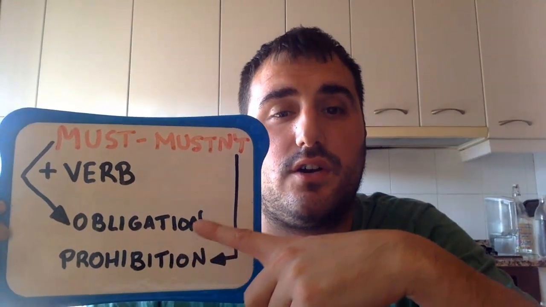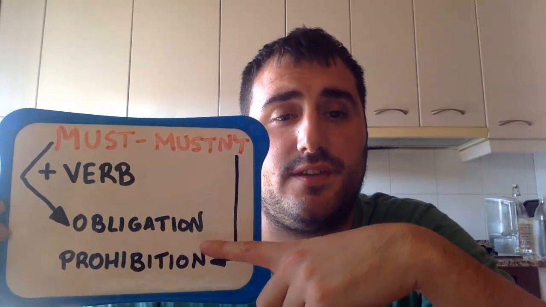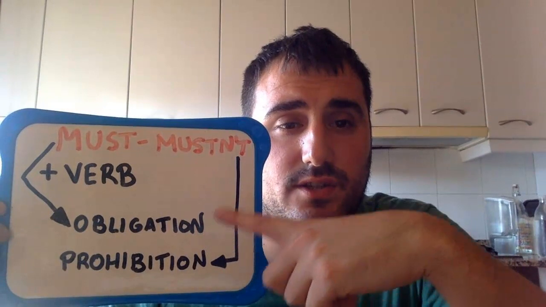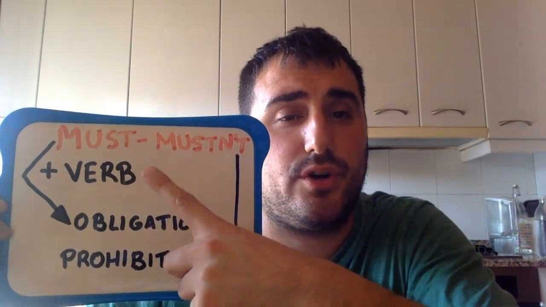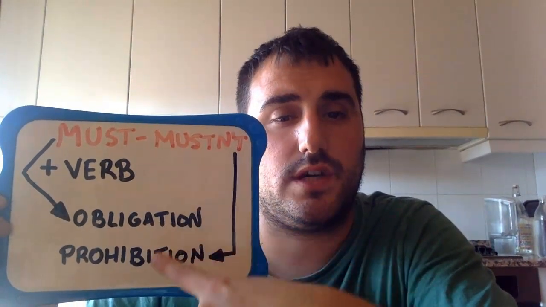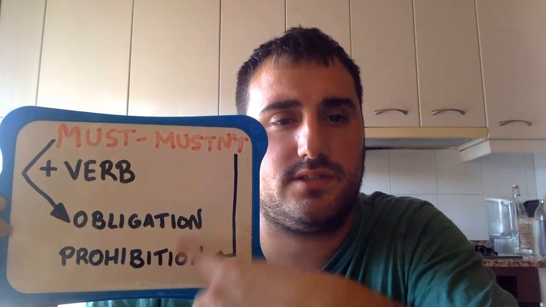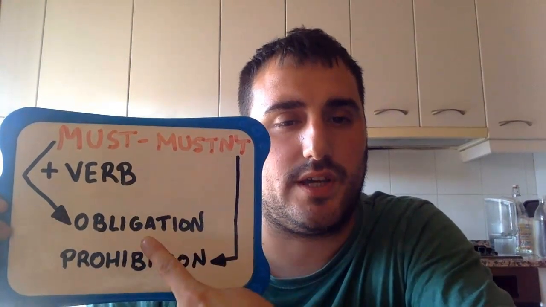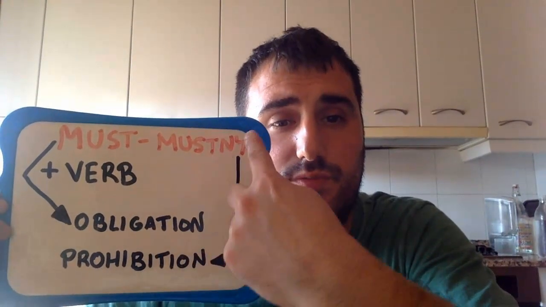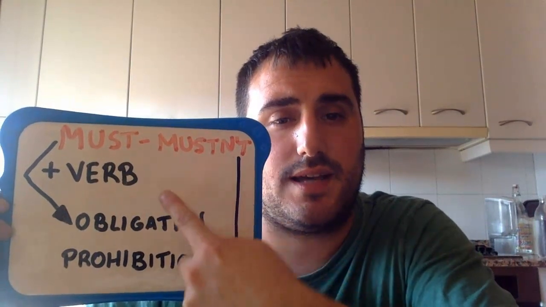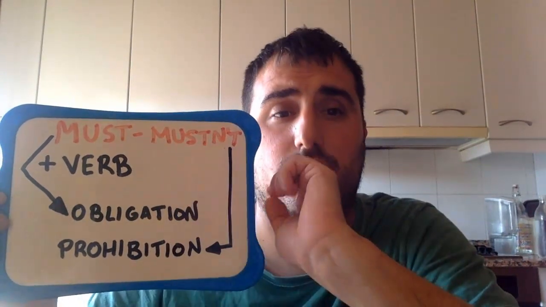These are obligations. And then the opposite of an obligation, the opposite of must, is a prohibition, mustn't. Mustn't, prohibition, must, obligation. Again, we always use must and mustn't plus the verb, plus the action.